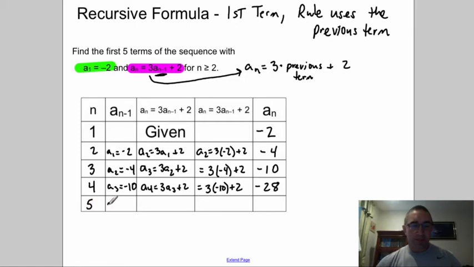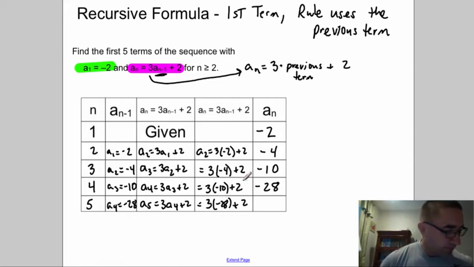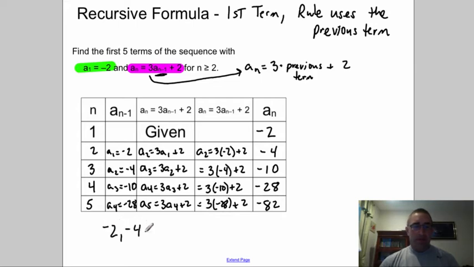And the fifth term, I'm going to have to use the fourth term, the negative 28 that I just got, because the fifth term is going to be 3 times the fourth term plus 2, or 3 times negative 28 plus 2. Whew. Big numbers here. 28 times 3 is negative 84, plus 2 is negative 82. So there's a good chart. And so when I write out my answer, I make sure I write it as a sequence.